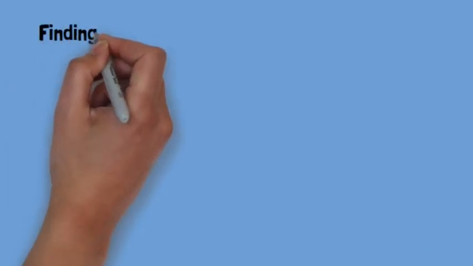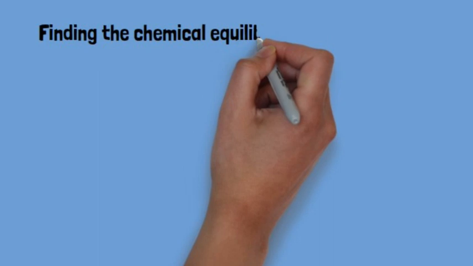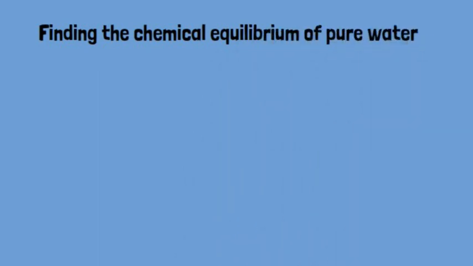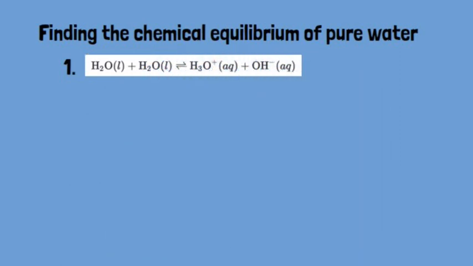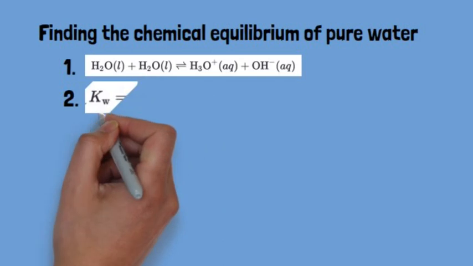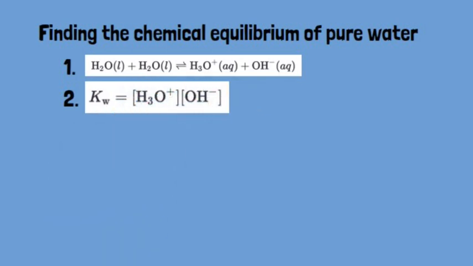Now, let's determine how to find the chemical equilibrium of pure water. The first step is to write down our equation. The second step is to write down the equilibrium expression for the autoionization constant. We need to remember that when writing an equilibrium expression, the concentrations of solids and liquids are not included.